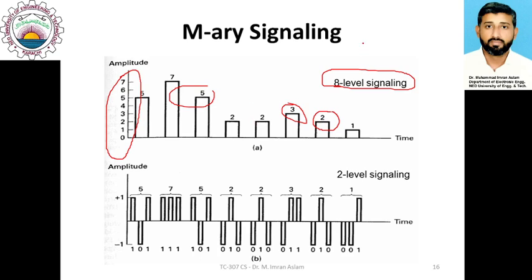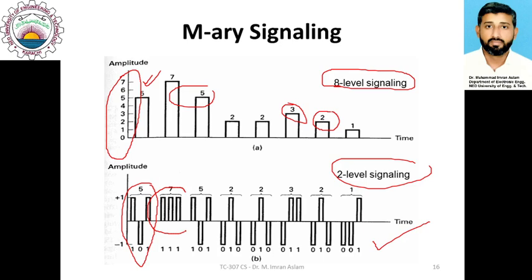8-ary pulses means we will be combining 3 bits to generate one pulse. You can see that the equivalent 2-level signaling would be represented like this. These 3 bits represent 5. So instead of transmitting these 3 binary pulses, we would be transmitting only one pulse with a relatively higher amplitude.